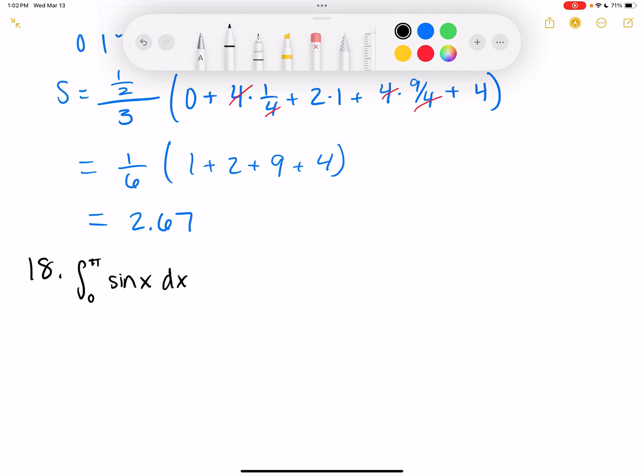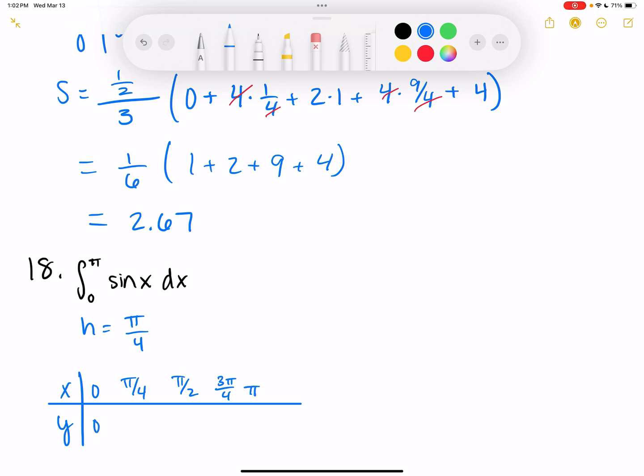We had found that h was pi over 4 when we did that before. Our table: 0, pi over 4, pi over 2, 3 pi over 4, and pi. And we had already found these values: 0, root 2 over 2, 1, root 2 over 2, and 0.